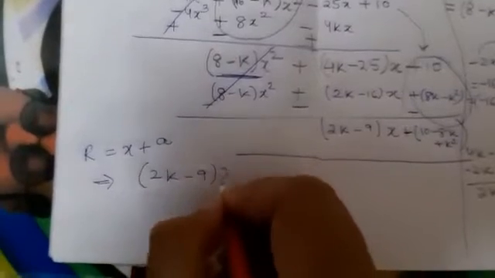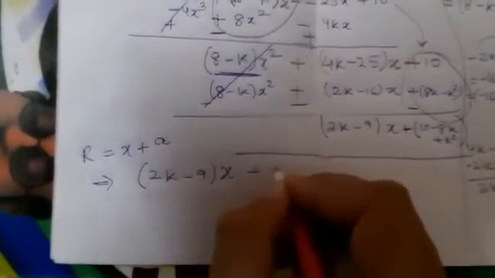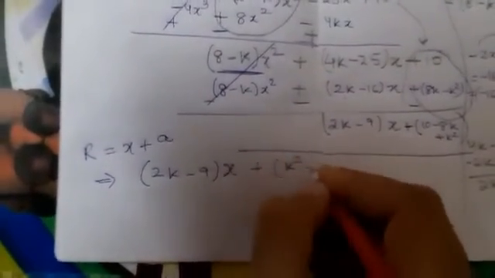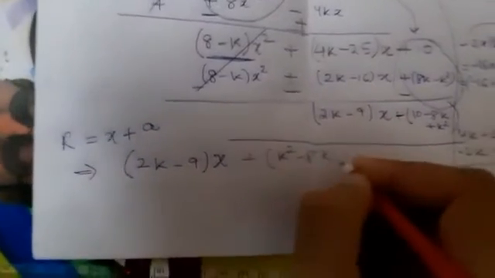Now remainder is given to be x plus a. So whatever we have obtained here will be equated there. So this implies 2k minus 9 x plus k square minus 8k plus 10 is equal to x plus a.